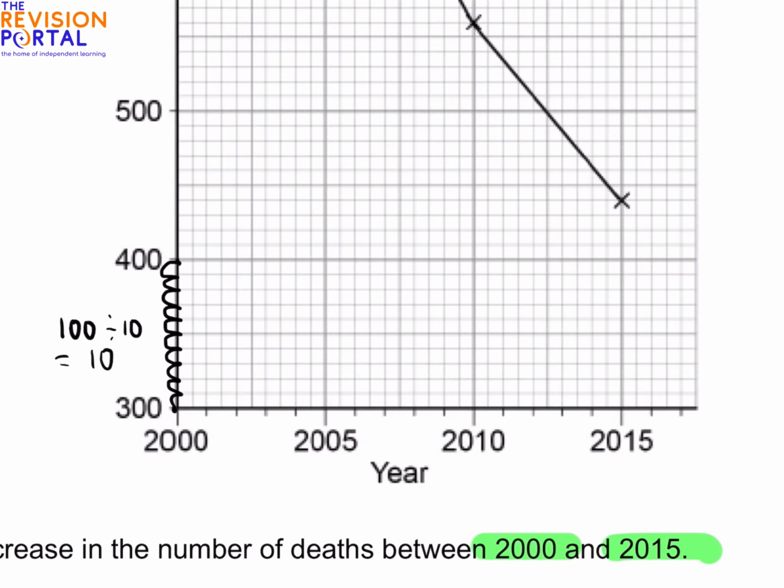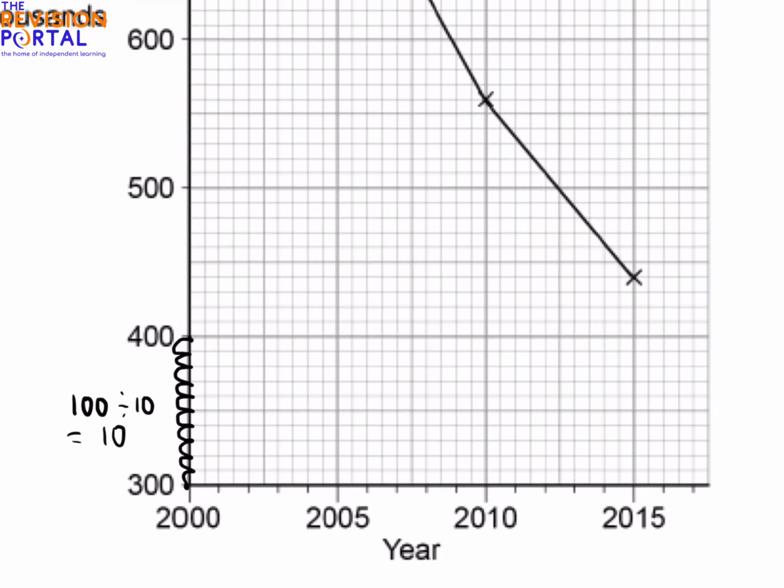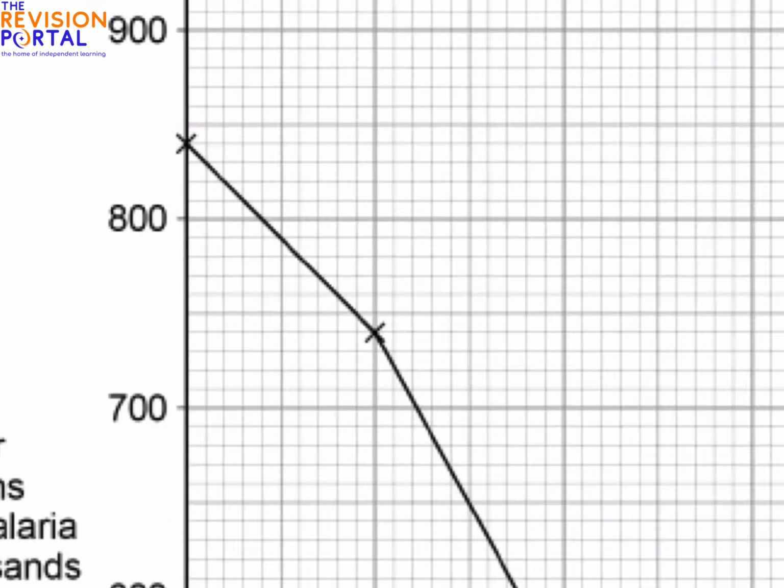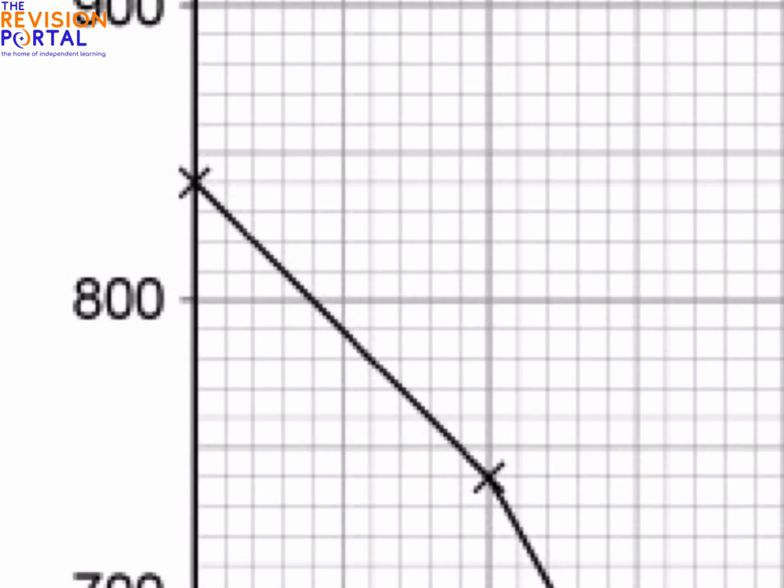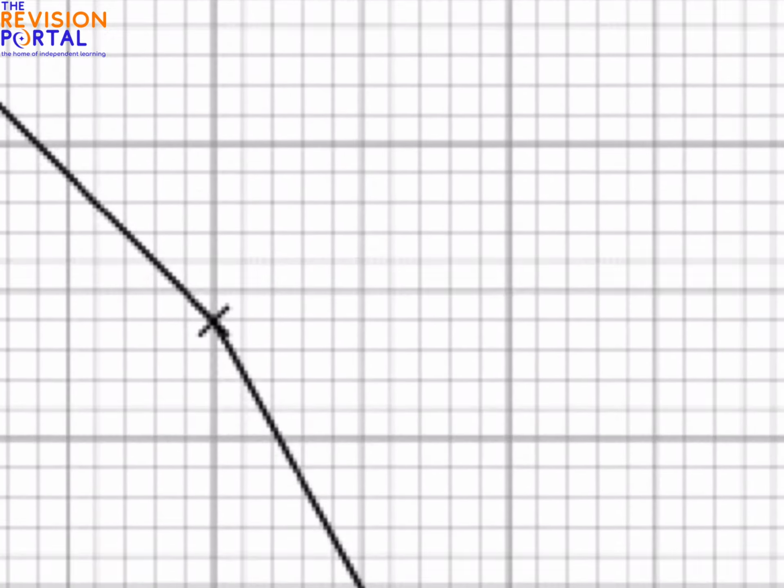So we need to go to 2000 first. So in 2000, this is where the data point is. So remember, each little square is 10. So 810, 20, 30 and 40. So you've got 840 here. And now we need to work out what it was in 2015.